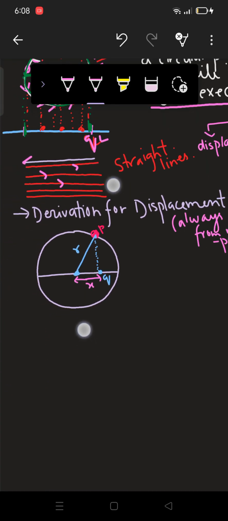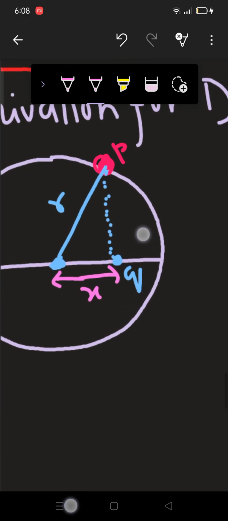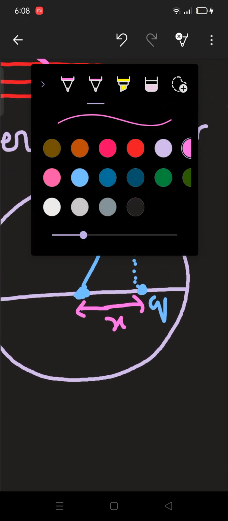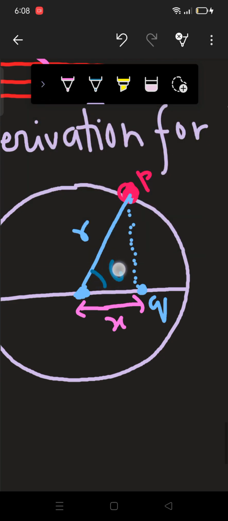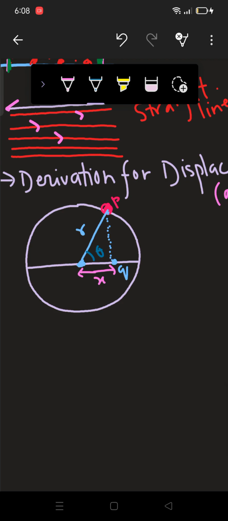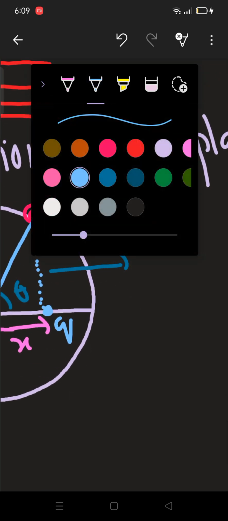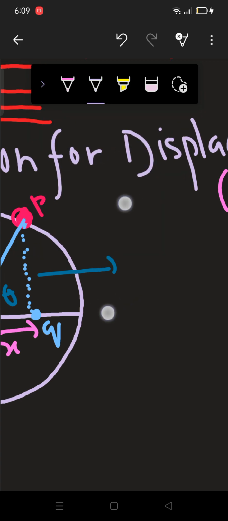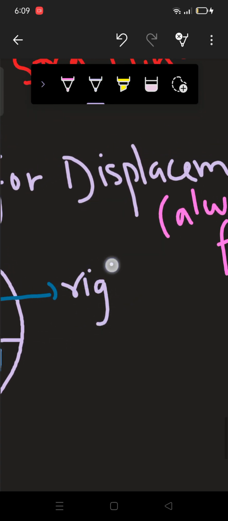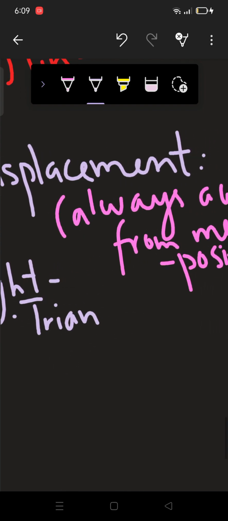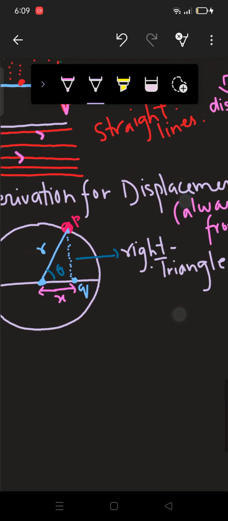Now as you can see this shape, and here of course we have some angle. Now we can see a figure in it, and this figure is known as a right angle triangle, right triangle.